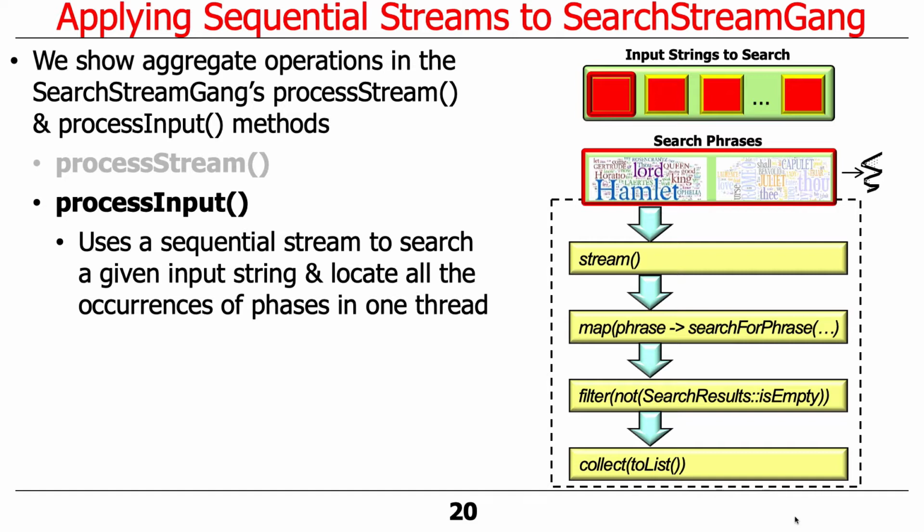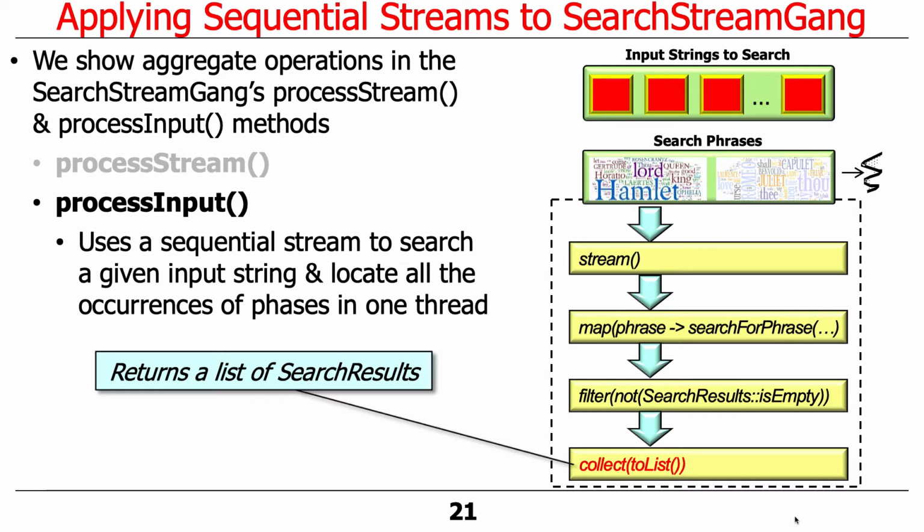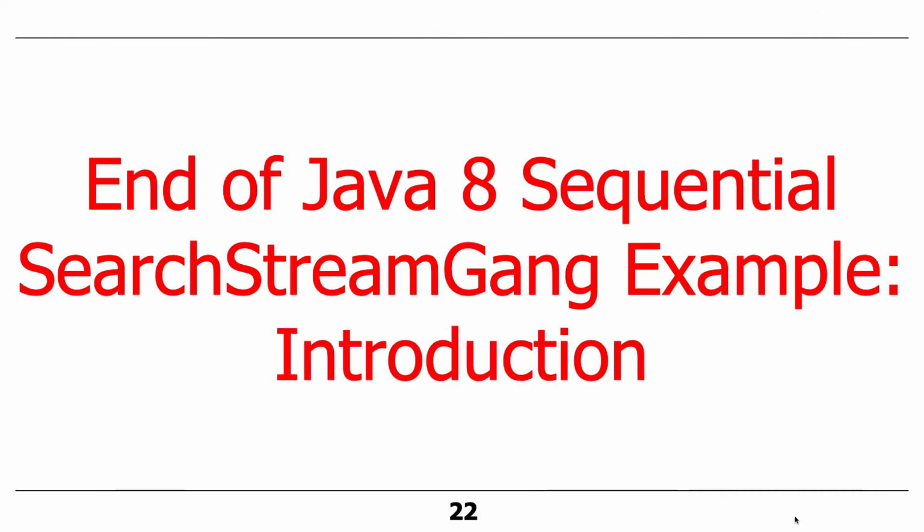It's going to use that one thread to search a given input string, like Hamlet or Macbeth, to locate all the occurrences of the phrases that we're looking for. We've got a bunch of phrases we're interested in, and for a given work of Shakespeare, it'll look to see whether the phrases match. It returns a list of search results, and it will only contain entries in that list that are not empty.